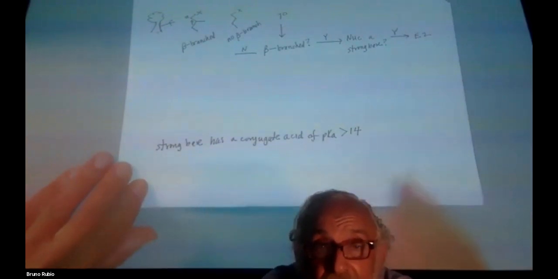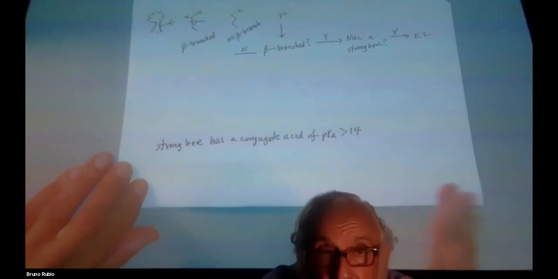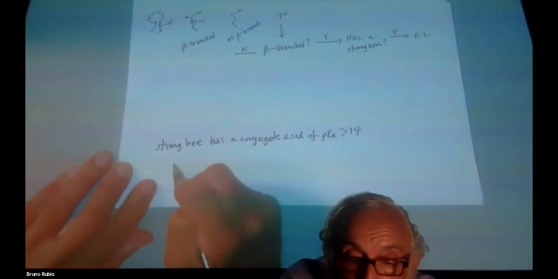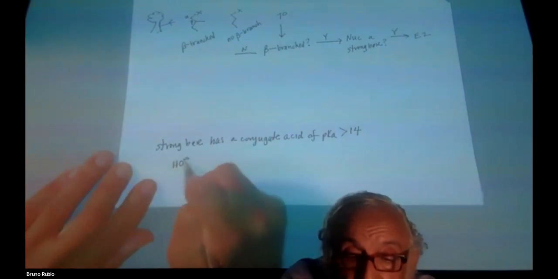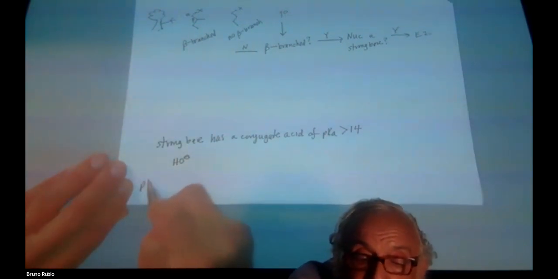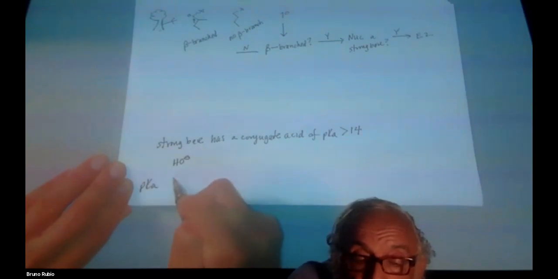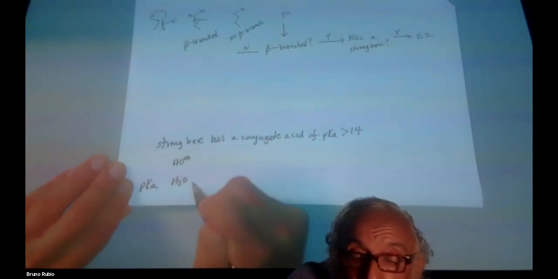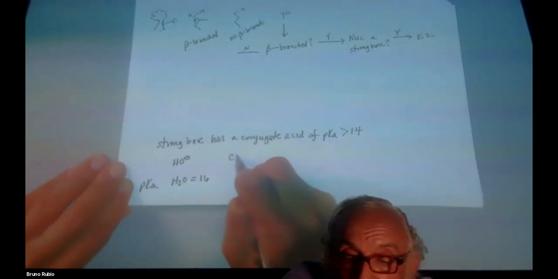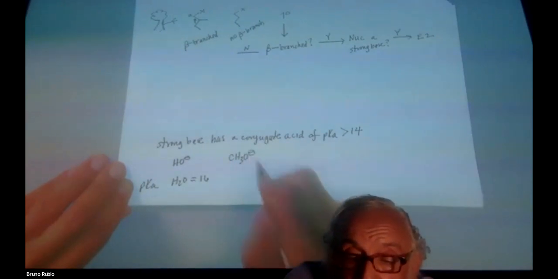Let's look at some examples of stuff that are strong bases and stuff that is not a strong base. So hydroxide, is that a strong base? Oh, it is, because the pKa of its conjugate acid, which is water, is 16. Okay, methoxide, is that a strong base?